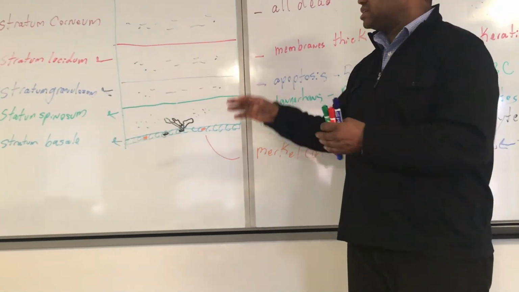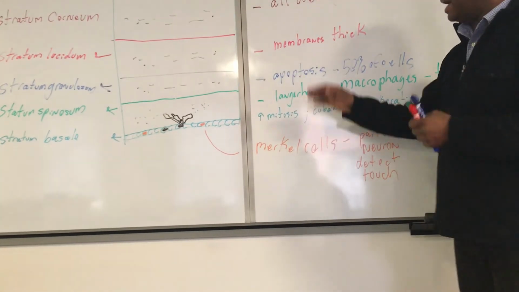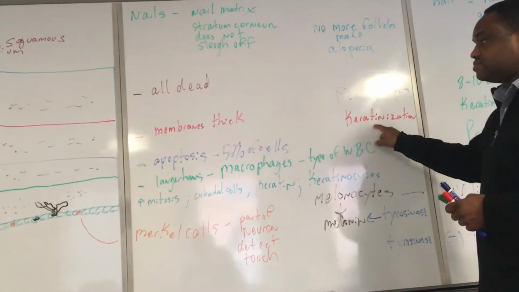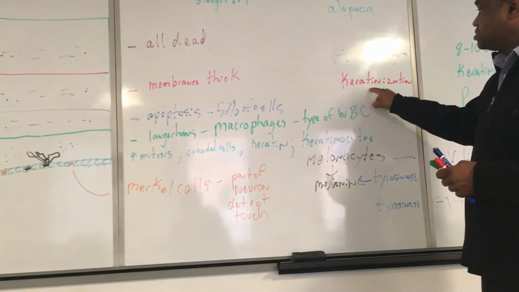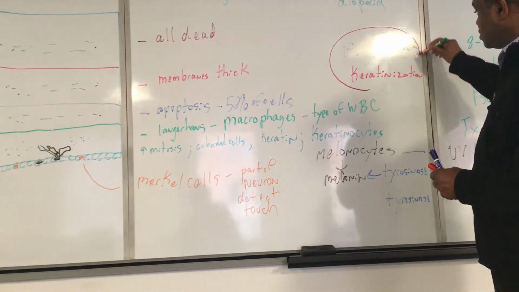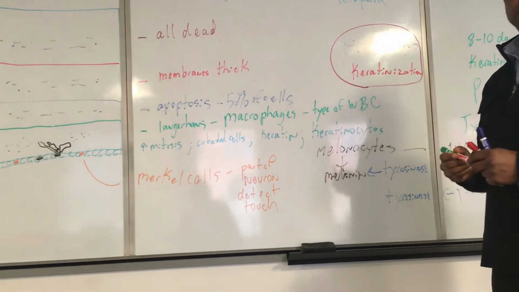That whole process of the stratum basale cells creating all those layers is called keratinization, and keratinization occurs over 30 days. So for 30 days, keratinization occurs.